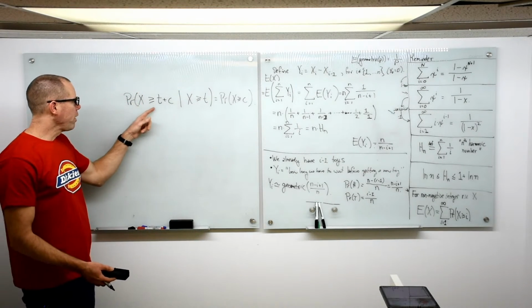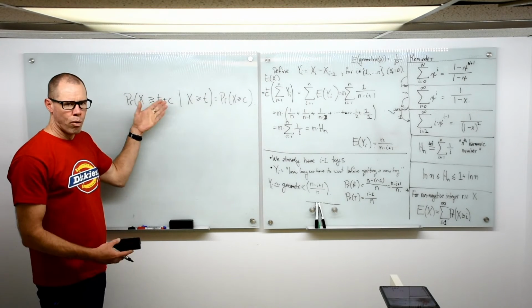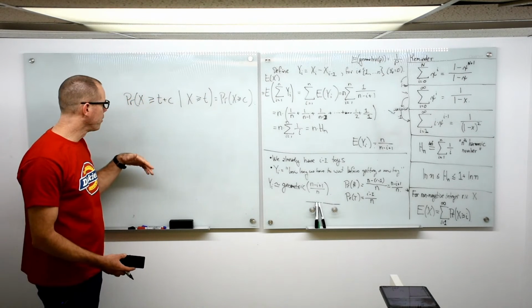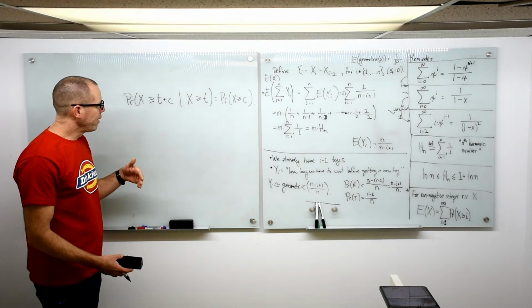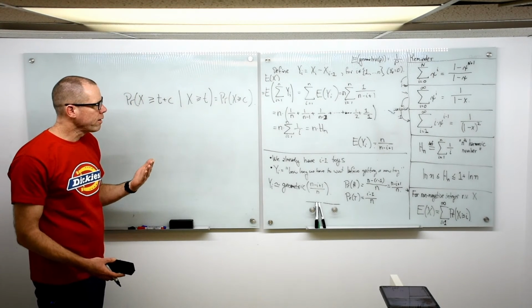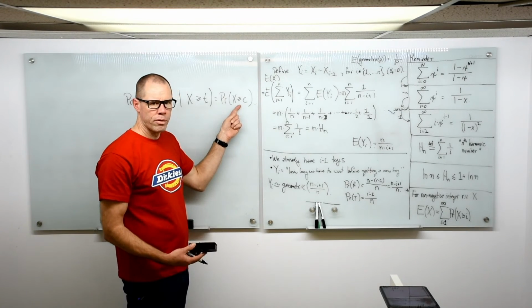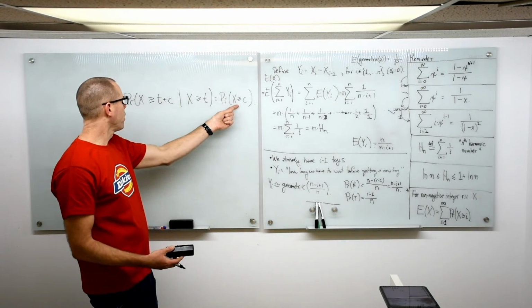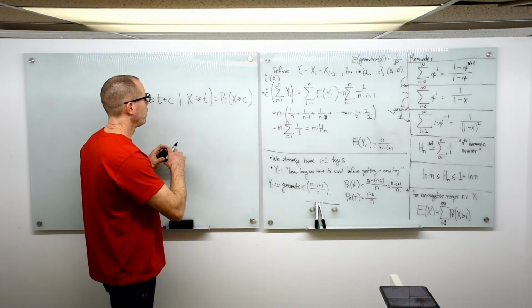So what's the probability that I have to toss the coin this many more times, c times? Well, it's not surprising that that's the same thing as the probability that I just have to toss the coin c times, given that x is bigger than or equal to t.